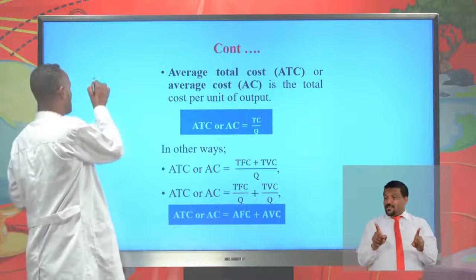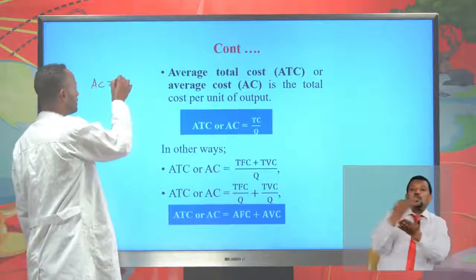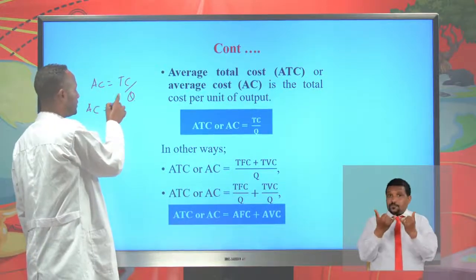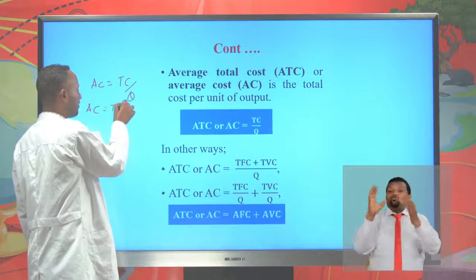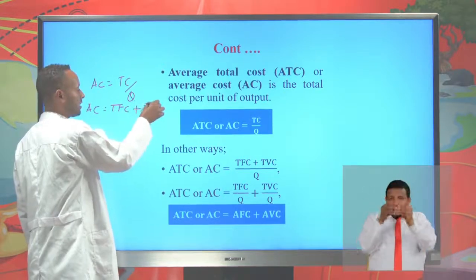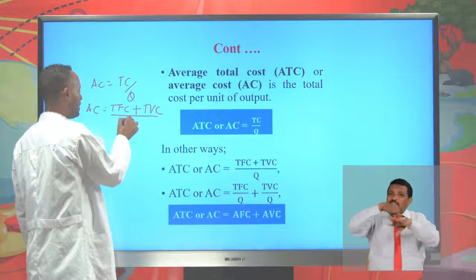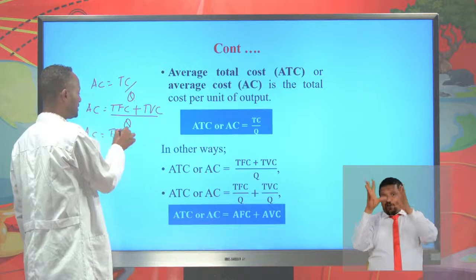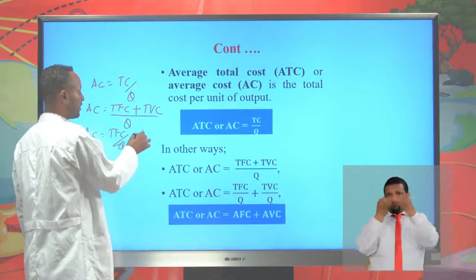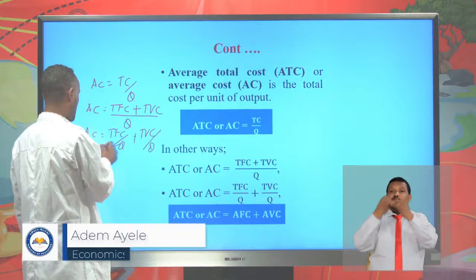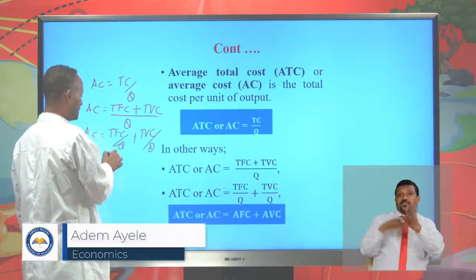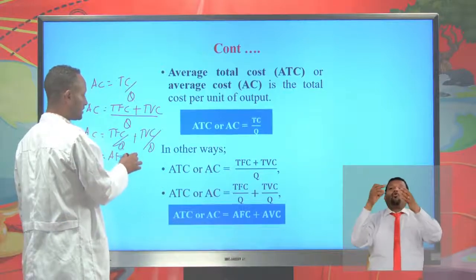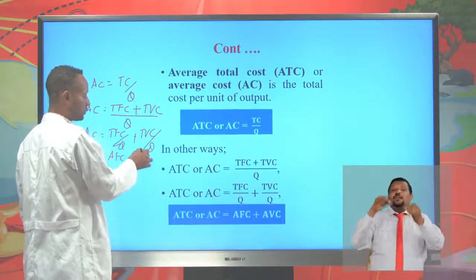But since the average cost of production is calculated by dividing TC by Q, and in the previous lessons we saw that the total cost of production is the sum of the total fixed cost of production and the total variable cost of production divided by Q, when we rewrite this, the average cost of production is TFC divided by Q plus the total variable cost of production divided by Q. And from these lessons, total fixed cost divided by Q is the average fixed cost of production and TVC divided by Q is the average variable cost of production.